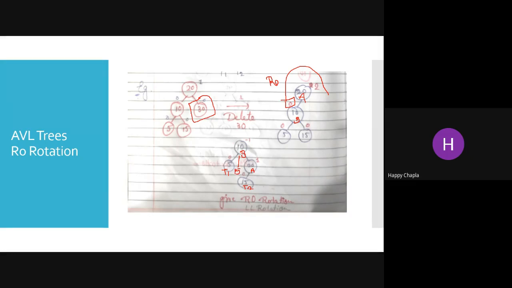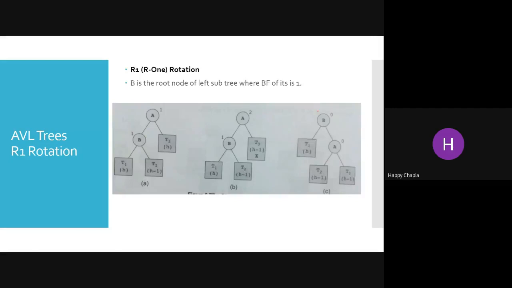Whatever nodes are on the left-hand side must be lesser than my root, and here the root node is 10, so that rule is violated. So whatever node is present in the right of B always moves towards the right-hand side of my tree.